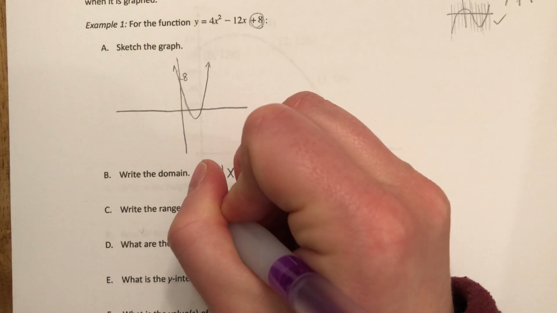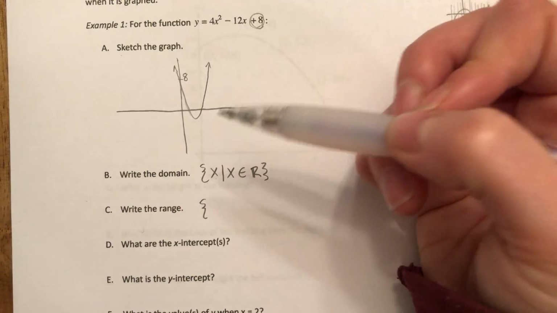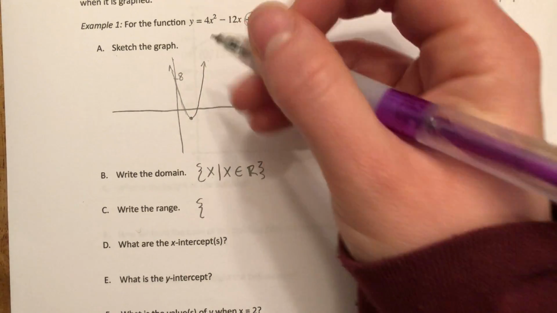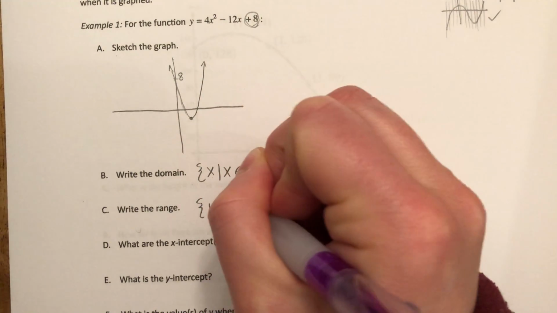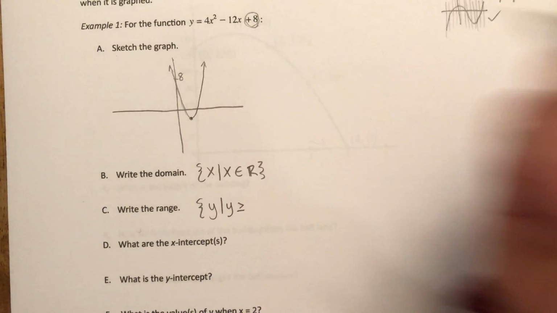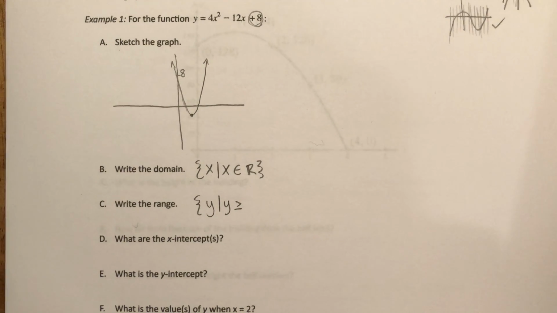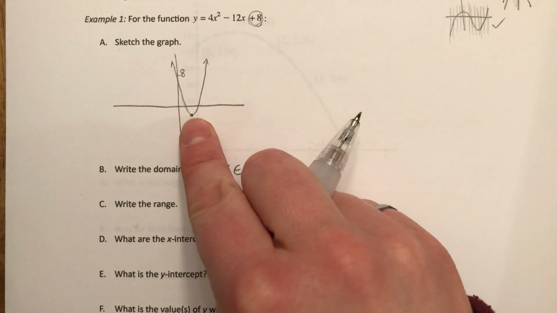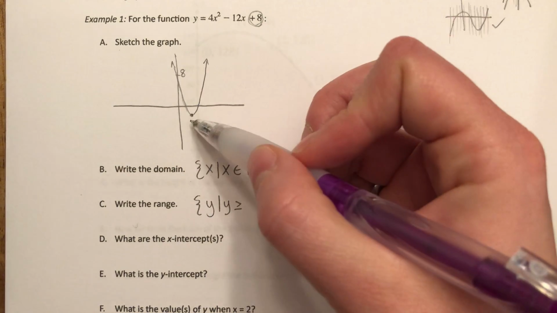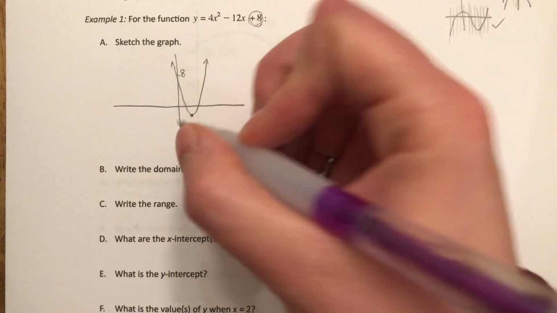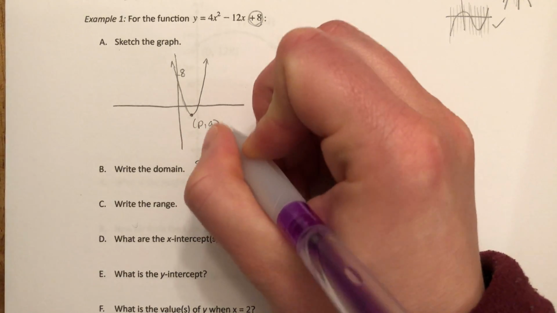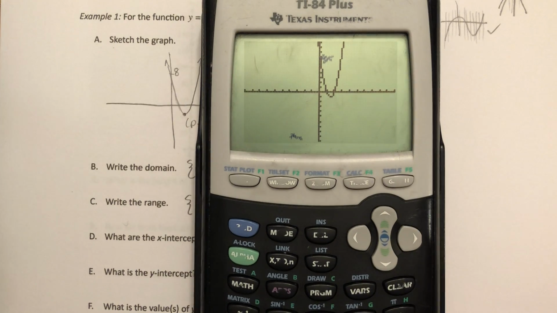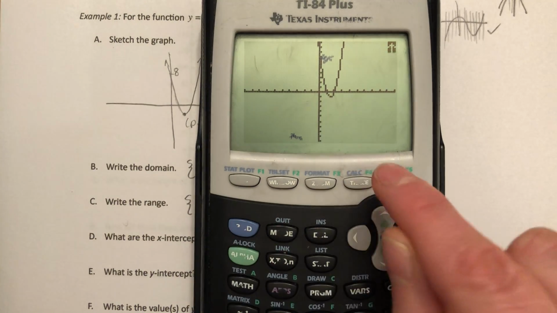If we want to talk about the range, if we look at this quadratic, we need to figure out what that minimum value is, because y is going to be everything greater than or equal to whatever that value is. Okay, and there's ways that we can do this algebraically, right? We could convert to vertex form, which would give us that PQ coordinate, if you guys remember from last year. But honestly, it's not worth the hassle to go through that, because we can do it on our calculator.